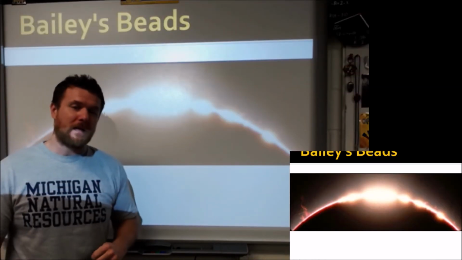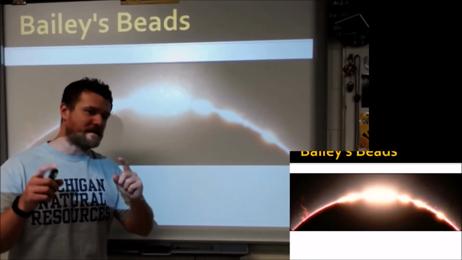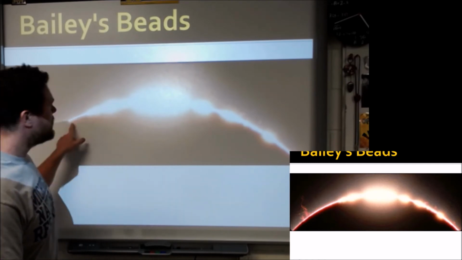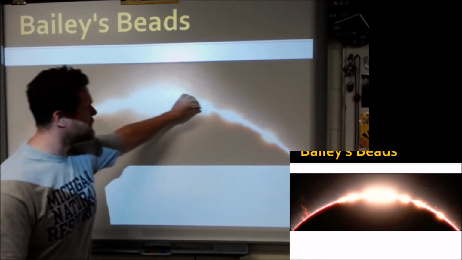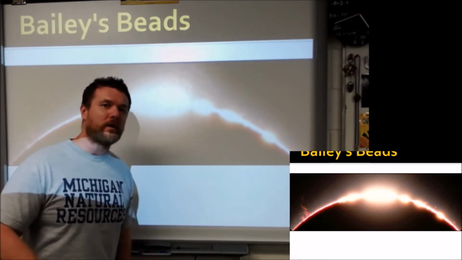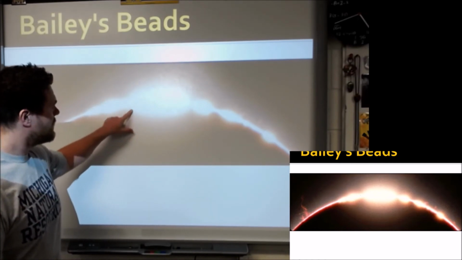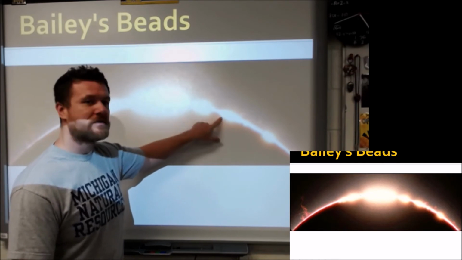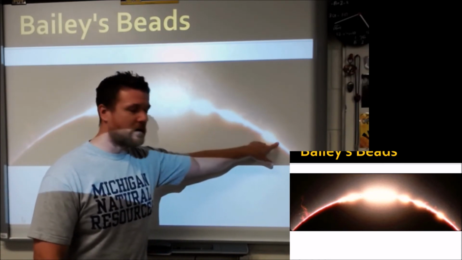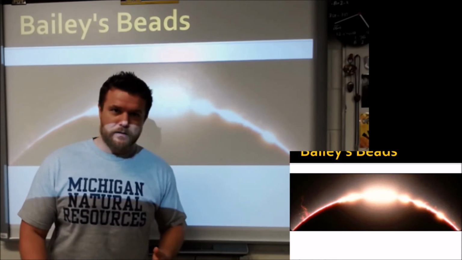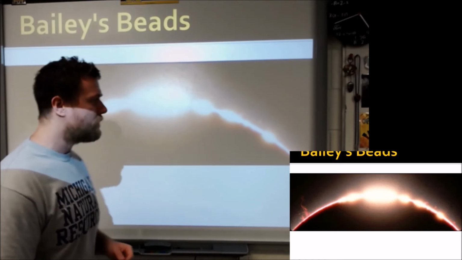You also get Bailey's beads. I want you guys to make an educated guess. Why do you think you get these bright spots showing up? What could possibly be causing that? Turns out these are mountains and craters on the surface of the moon. If you take a look at the moon, you can see that there's impact craters all over it.